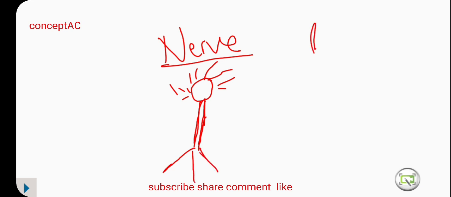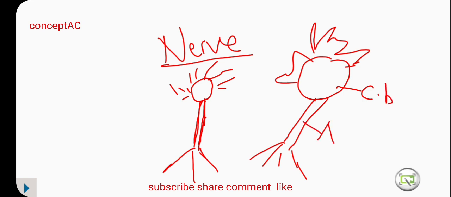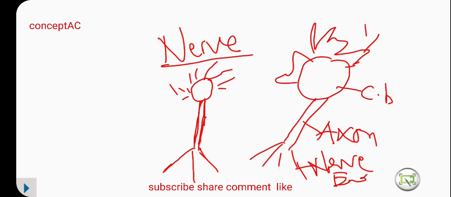So something that will look like this is a nerve cell. This is the cell body. This is the axon. These are nerve endings. Then these are dendrites.